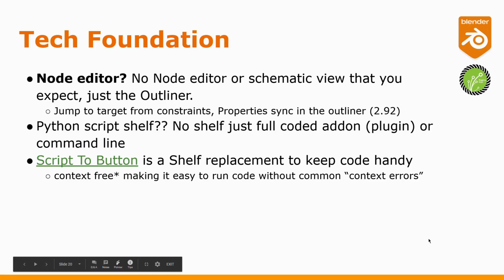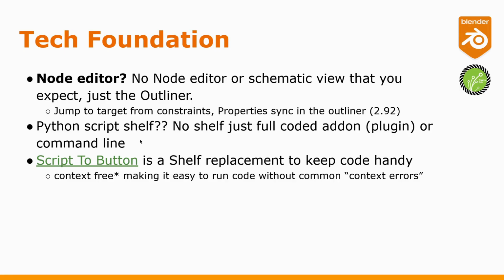Okay, let's take a look at the next question that comes up all the time. Where's my node editor? Well, the easy answer is there isn't one. There are node editors for other things inside of Blender, but it's not the same as the graphing connections system that you can expect to find in other software. Just the outliner. The other related things people miss right away, or the things I missed right away: where's my shelf?